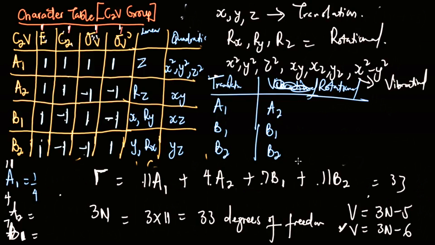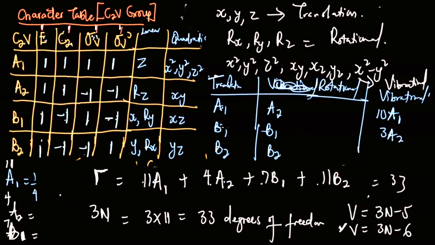So the next thing we need to do is to now get the vibrational degrees of freedom. When you remove A1 from this, you are left with 10A1. That's the vibrational. So this 4A2, when you remove A2 from this, you are left with 3A2.